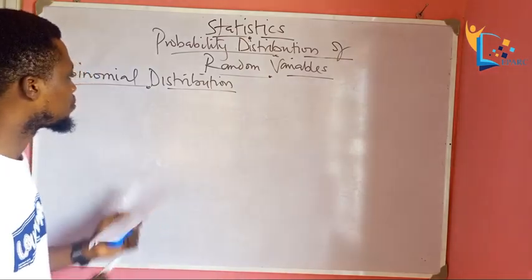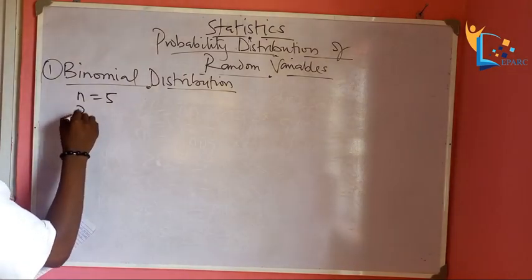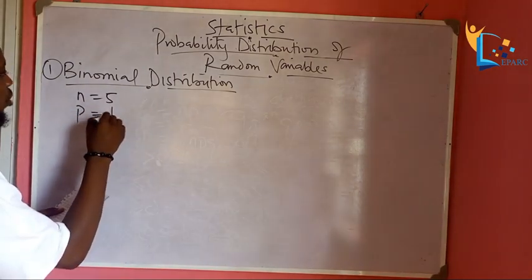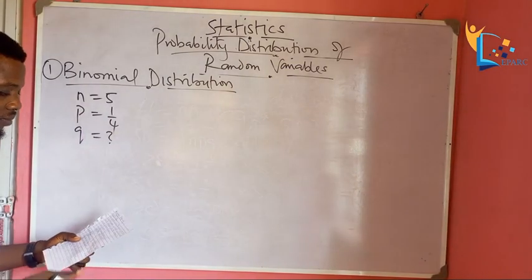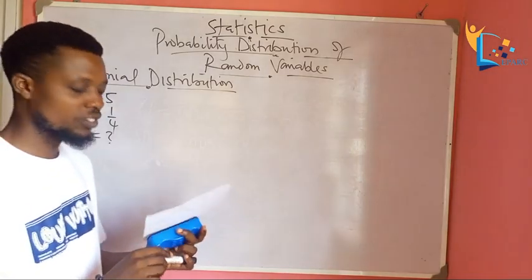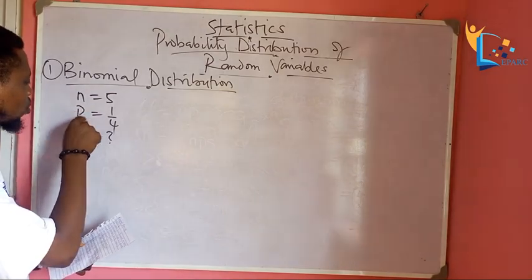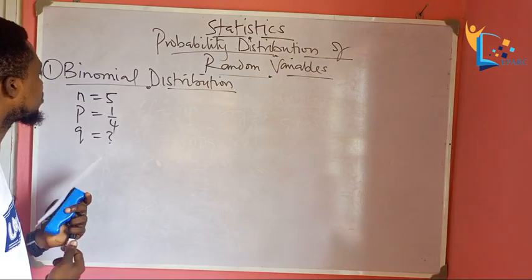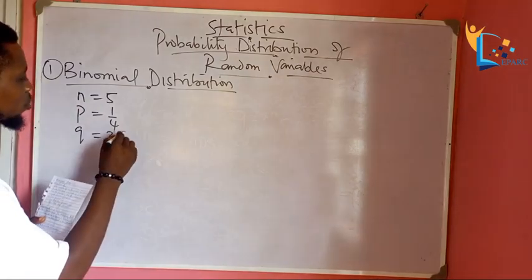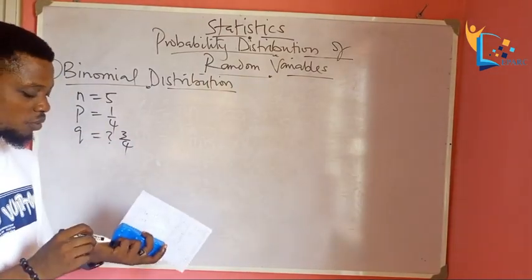So now, our N is equal to 5, our P is equal to 1/4. So our Q will be what? Remember, the probabilities of success and failure must give you 1. So if P is equal to 1/4, Q is equal to 3/4.